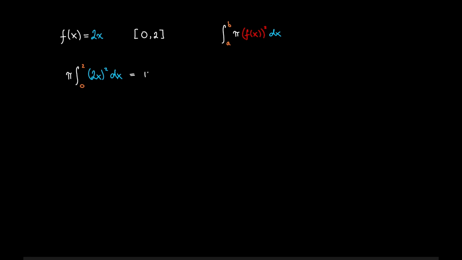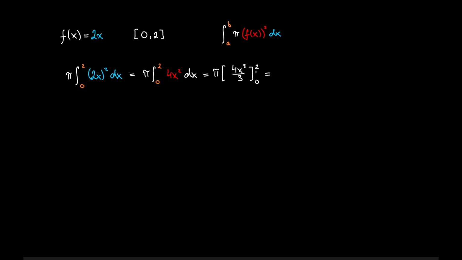So technically what we're calculating is pi times the integral from 0 to 2 of the function 4x squared dx. By now, you guys have already mastered this, so the antiderivative you already know is 4x cubed over 3 evaluated from 0 to 2.